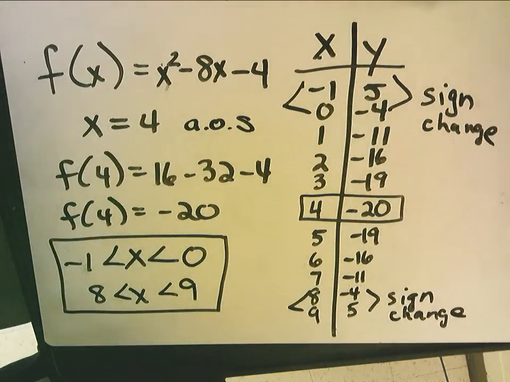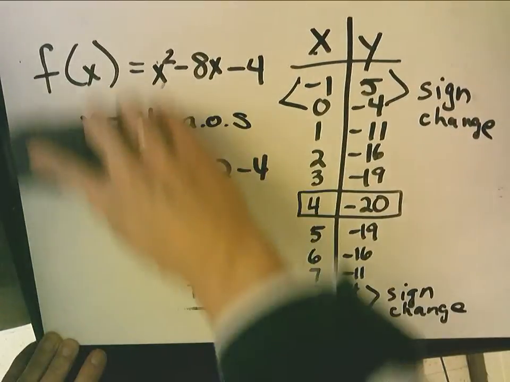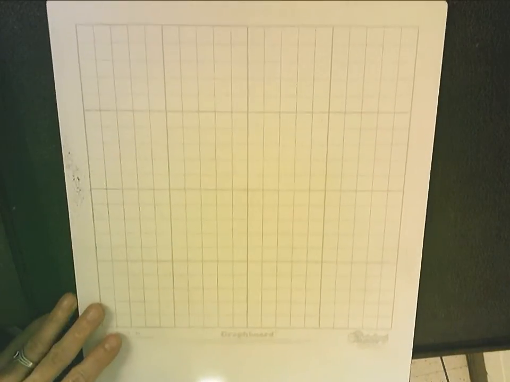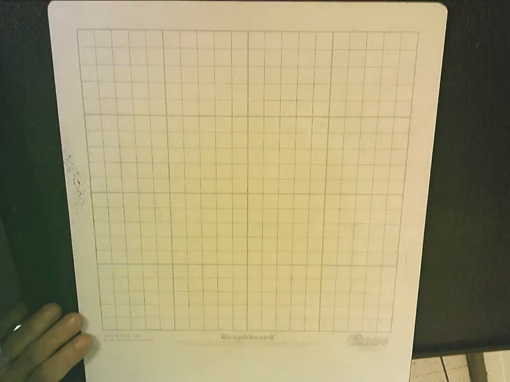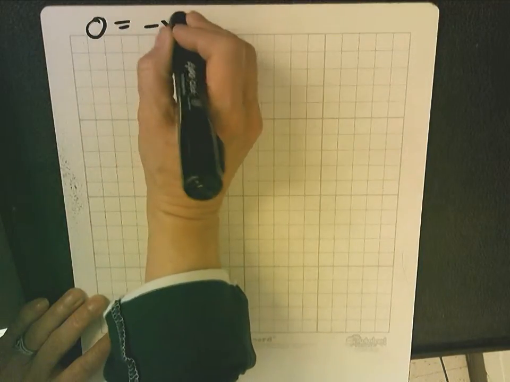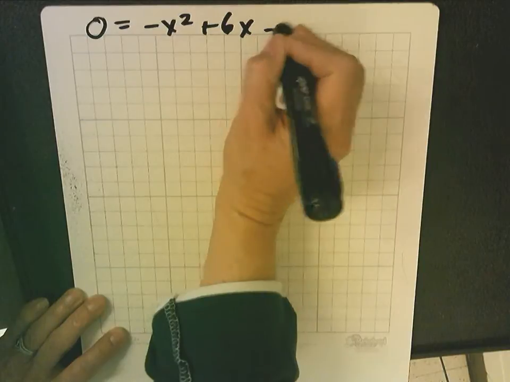Okay, now, if you turn the page, what we're going to do now is, instead of doing this by the chart method, we're actually going to graph using the coordinate plane. So if you look at page 22A, the first equation is 0 equals negative x squared plus 6x minus 11.